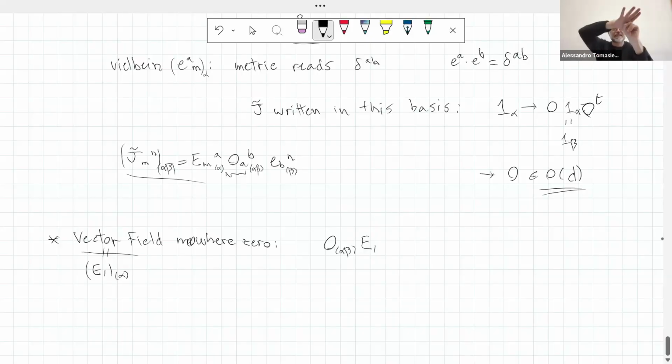I give my vector field and then I look for the other ones in such a way that they are orthogonal to the first one. Then the condition that the transition functions need to satisfy is this. But again, E1 is the first vector, so really it means that in the vielbein basis, it just looks like this.